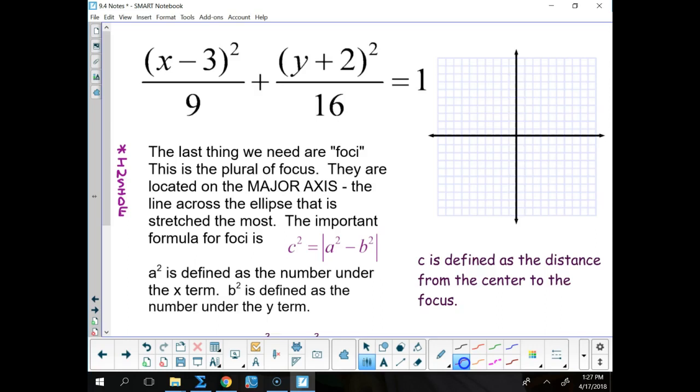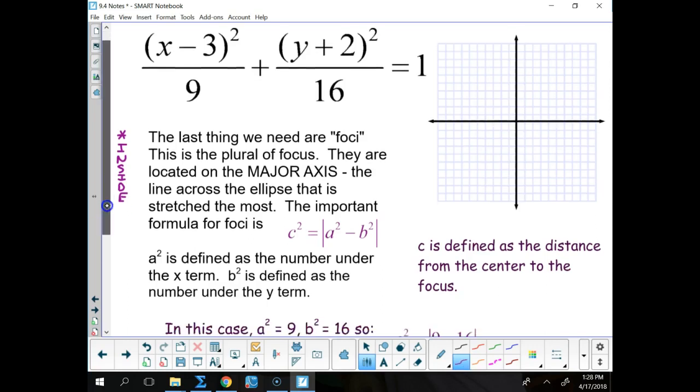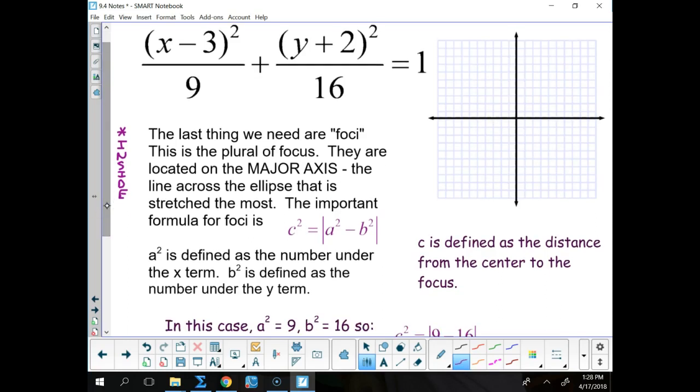They are inside the ellipse, which is why they're on the major axis. The way we find them is c squared is equal to the absolute value of a squared minus b squared. So the denominator of the x minus the denominator of the y, take the absolute value of that, that gets you c squared.